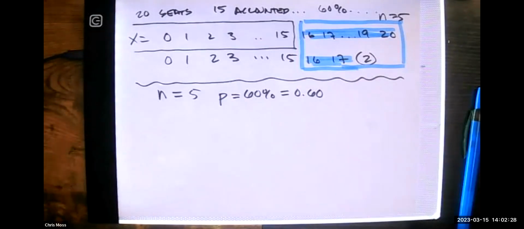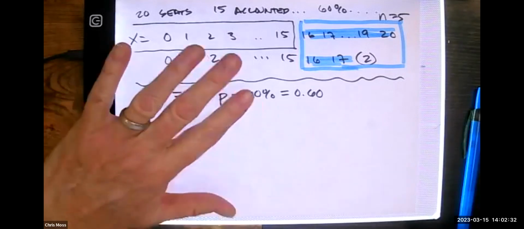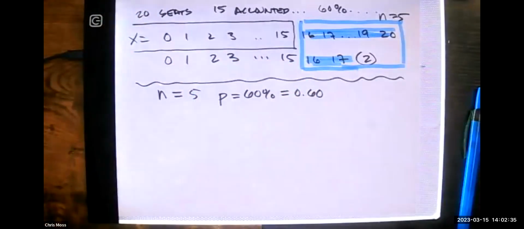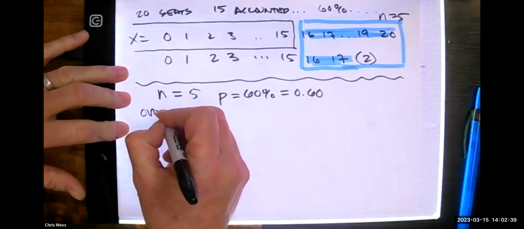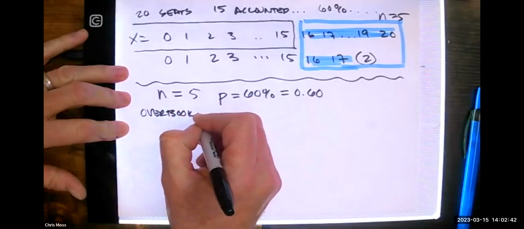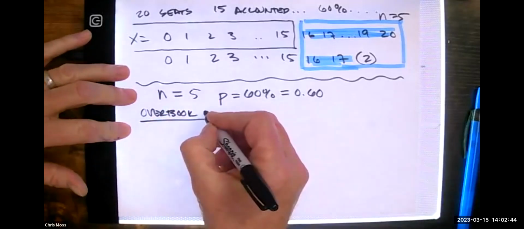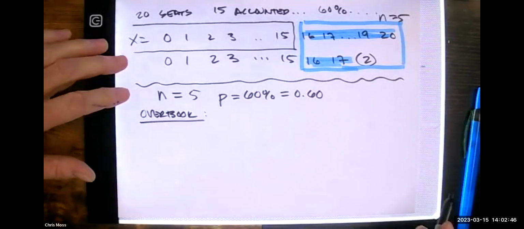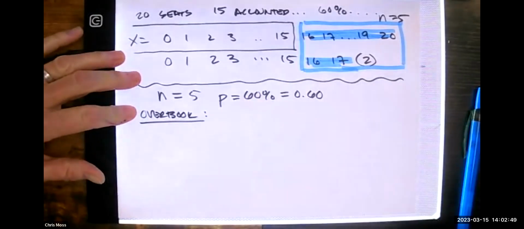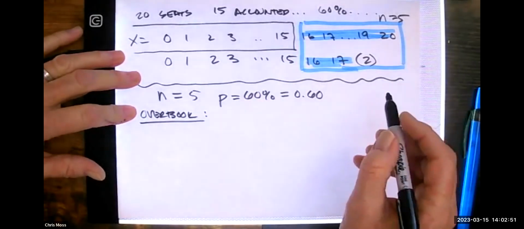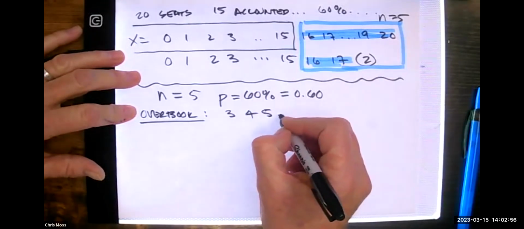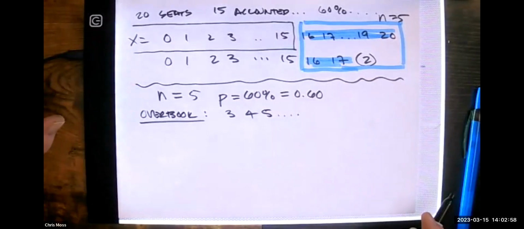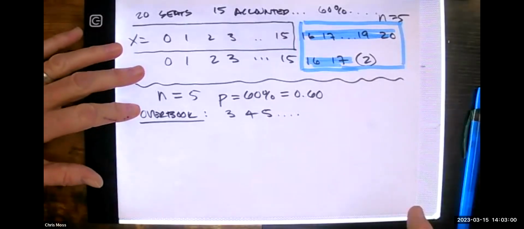Now, this is a very advanced problem, okay? You'll never see a problem like this on a quiz or an exam. I promise you that. So N is equal to 5. We overbook. Let's see. We're in trouble if we get 3, 4, or 5 people show up. That's where I'm in trouble.